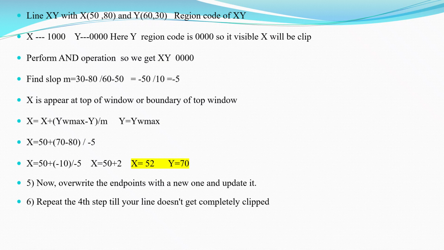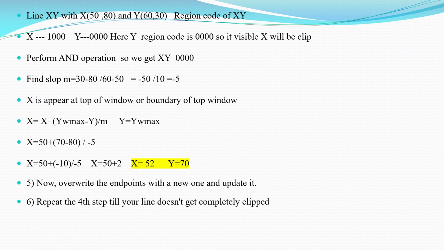So 50 plus YW max is 70 minus Y, here 80. Okay, so divided by the slope, minus 5. We get 50 minus 10 divided by minus 5, we get 50 plus 2. So the X value we get is 52, means the X dash value is 52 and Y max is 70.